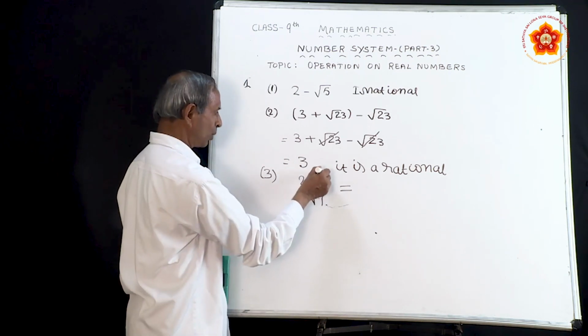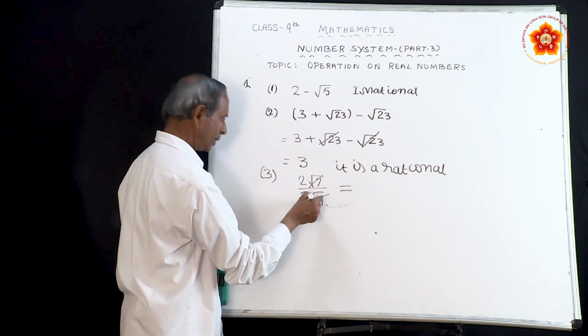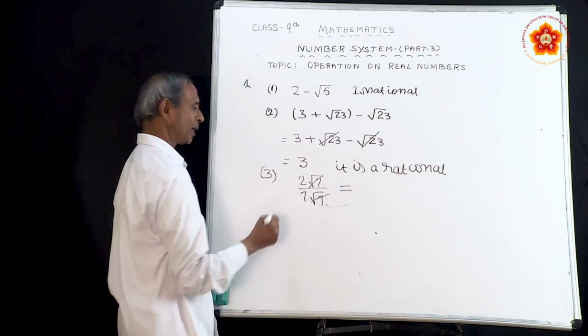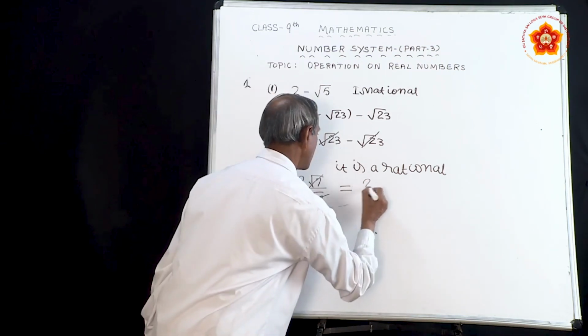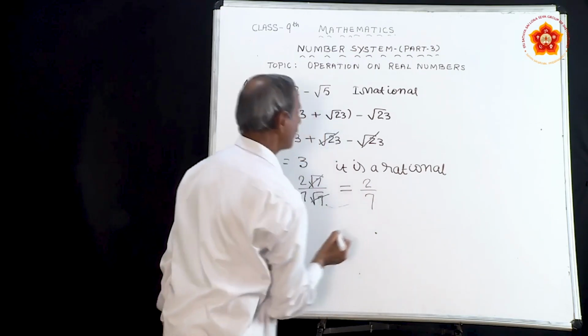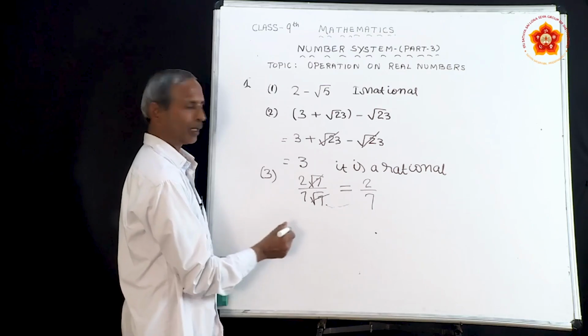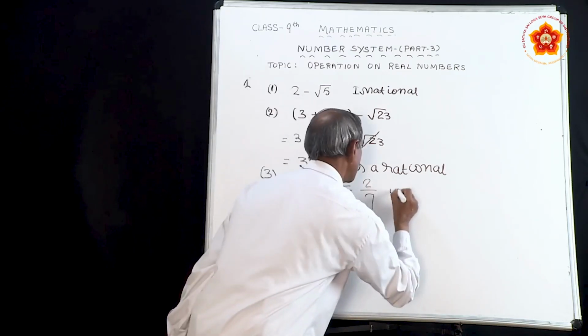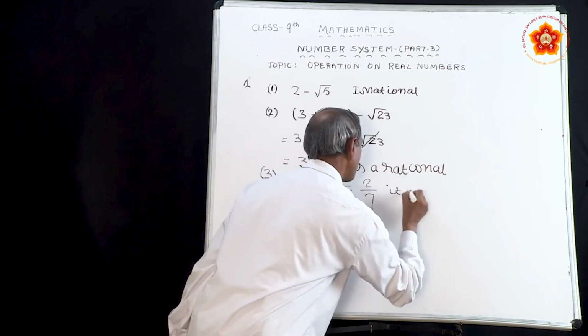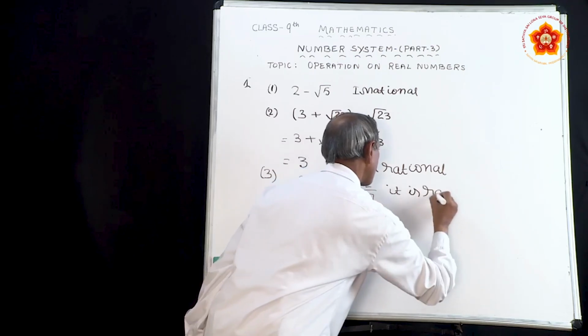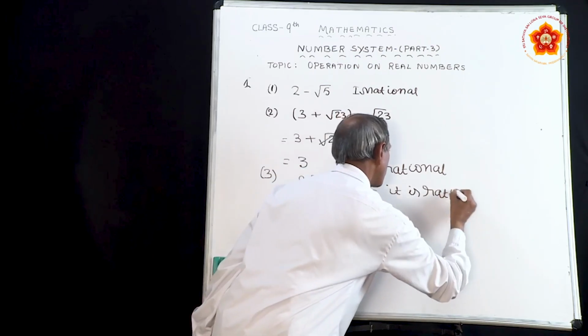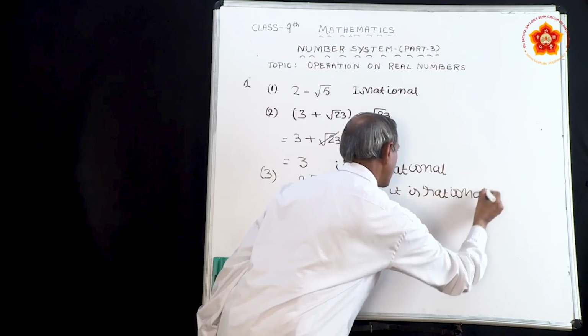You can cancel both root 7, then the remaining answer becomes 2 by 7 or 2 upon 7. Now it is in the form of p by q, so this belongs to the rational numbers. It is a rational number.